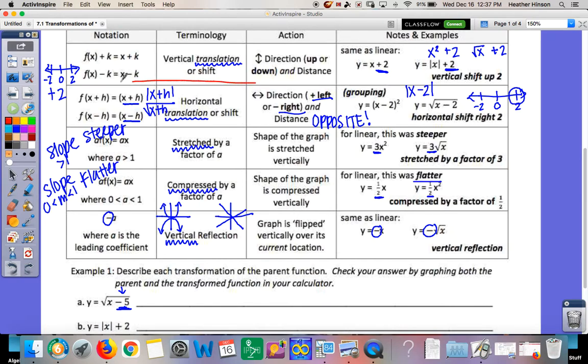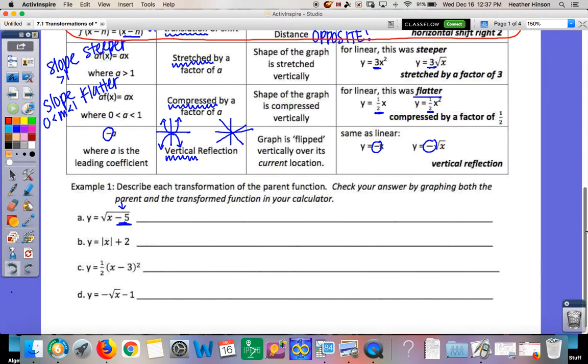That's right, our horizontal shift. Those are going to be inside the groups. So this is going to be a horizontal shift. And remember, horizontal shifts do the opposite. So -5 is usually to the left, but because it's inside, we're going to do the opposite. And we're going to go to the right 5.